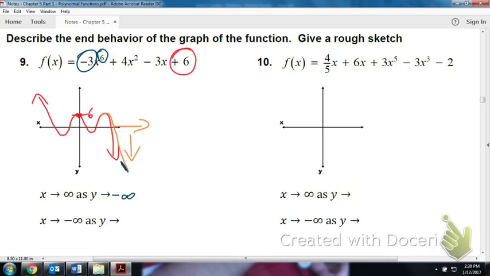Okay? As x approaches negative infinity, so as x is going to the left, y is going up. So is up positive or is up negative? It's positive. So as x approaches negative infinity, y is approaching positive infinity. All right?